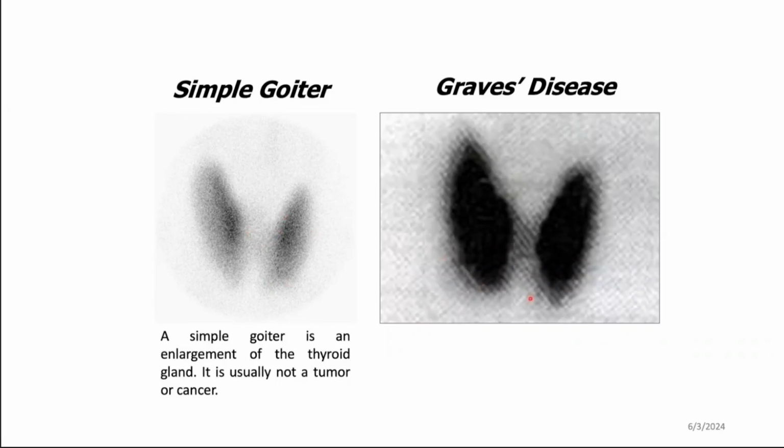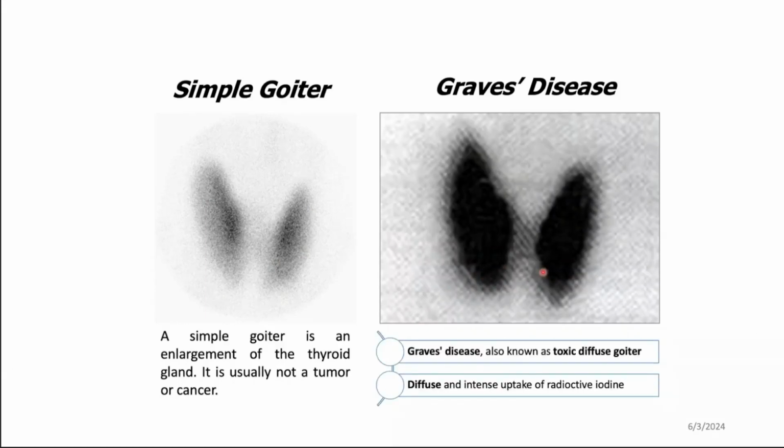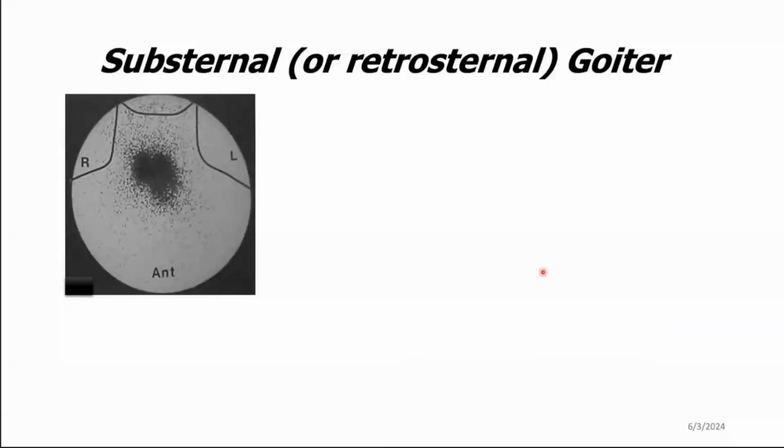This is a different patient who has an enlarged gland, but also increased activity. So this is to differentiate. The gland here looks large, but normal uptake, but this one has Graves' disease with increased size and activity of the gland, okay?